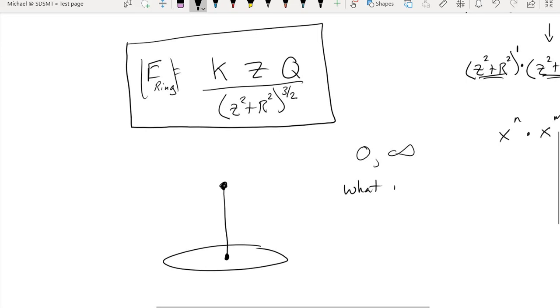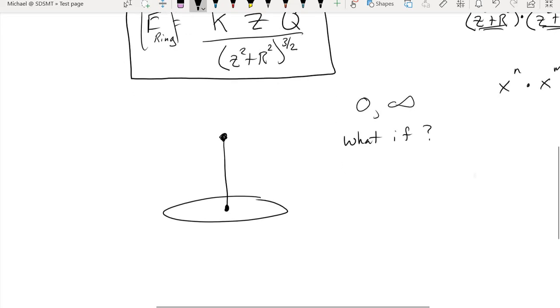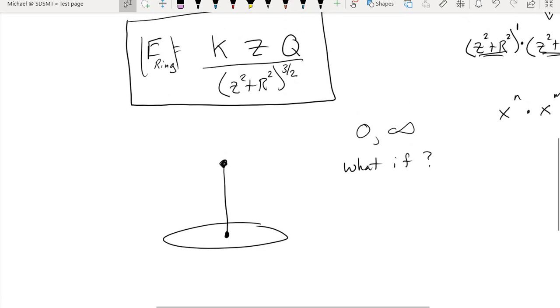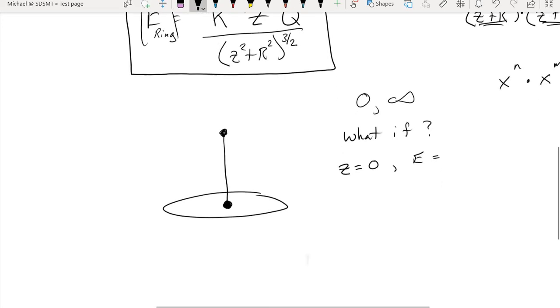I like to call this the what if game. So what if we were to let z equal 0? What would we get for our electric field magnitude? And so we plug in a 0 for z, meaning that we're right here at the center of the ring.